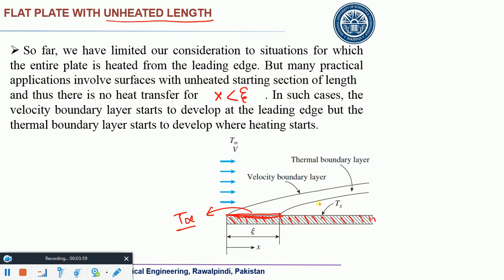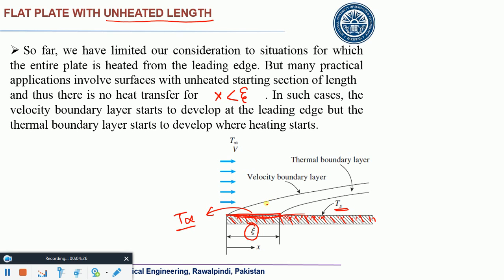Right after this point, you have different Ts. Now it means heat transfer would occur on the later portion, isn't it? So this plate has an unheated length. Unheated length means there is no heat transfer, and that unheated length is represented by this term zeta.